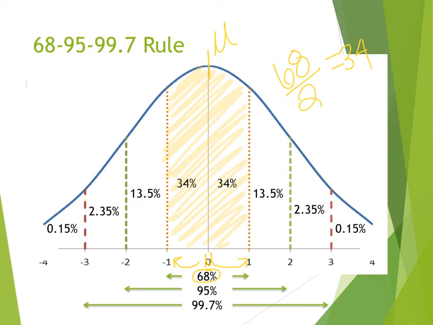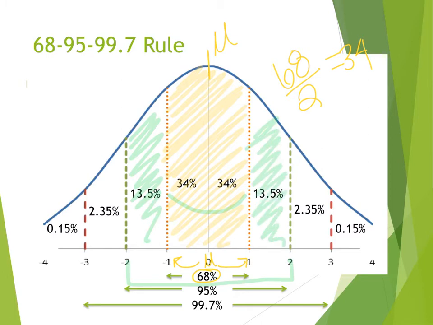So 2 standard deviations out is from the -2 to the +2, and 95% of your data will fall within that region. So we know that 68 is here, and then we only have a total of 95. So if you do 95 minus 68 and then divide by 2, that's how you're getting that 13.5 for each of these green shaded regions.